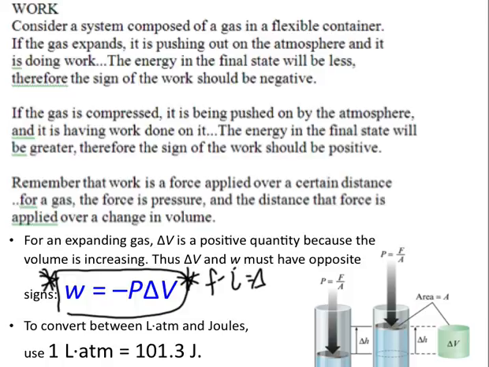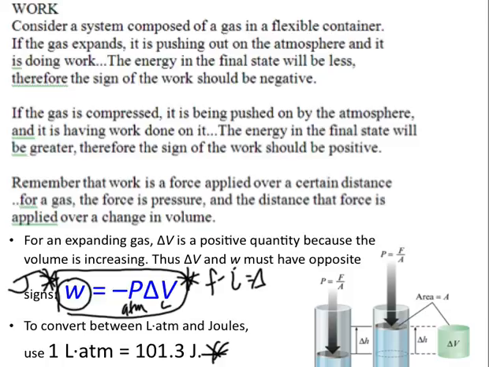Now, if you look at the units here, pressure is in atm, right? Volume is in liters, change of volume. So an atmosphere liter, that's not a good energy unit. If we want work, work needs to be in energy. It's joules. So it's a type of energy. So this is a little conversion.